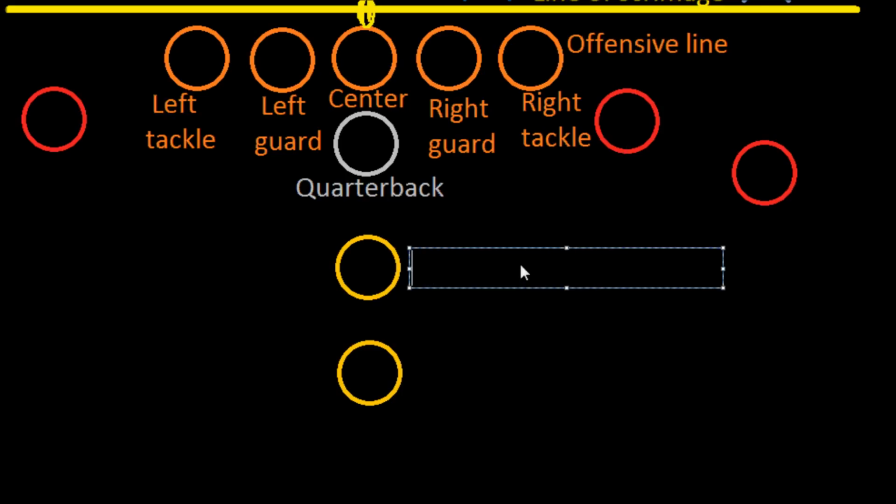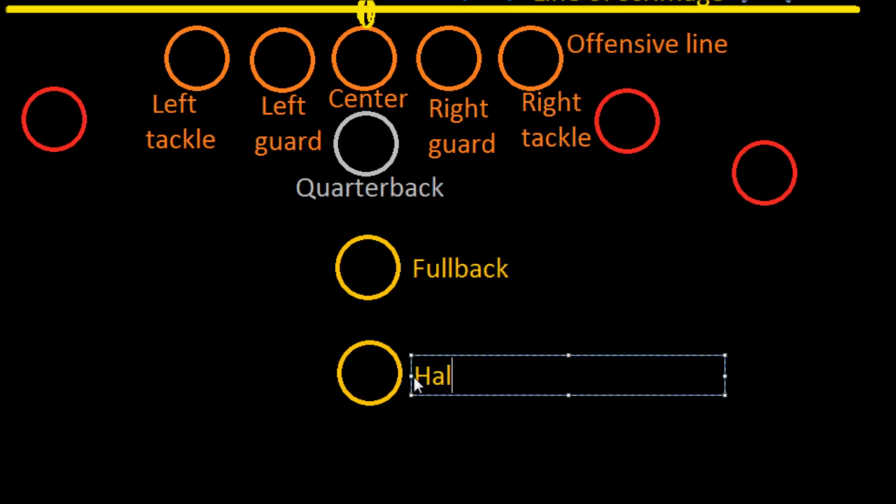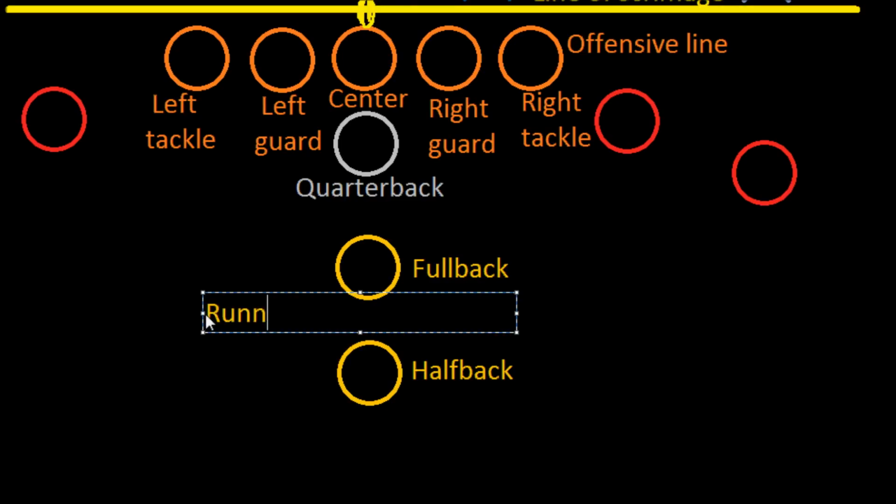And so back here, there's 2 kind of misnamed guys. We have the fullback and the halfback, although as you can see, perhaps you might think they're backwards, because you would think the fullback would be further back than the halfback, but that's not the case. That's just the way they are named.